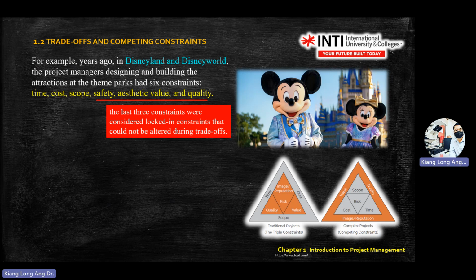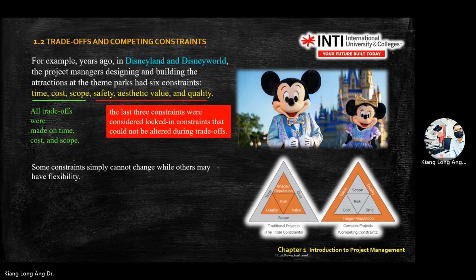It means during the negotiation or during the approach of finding a solution, this safety, this aesthetic, quality you cannot tolerate. You must achieve the objective. While the cost, time, and scope, this one you can play with.